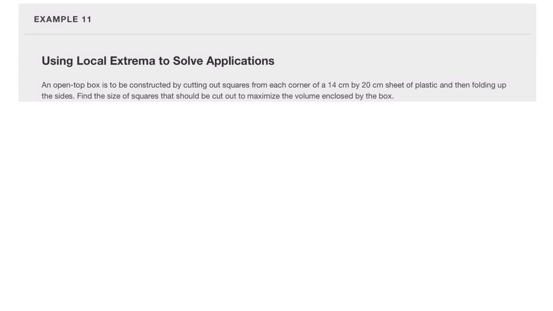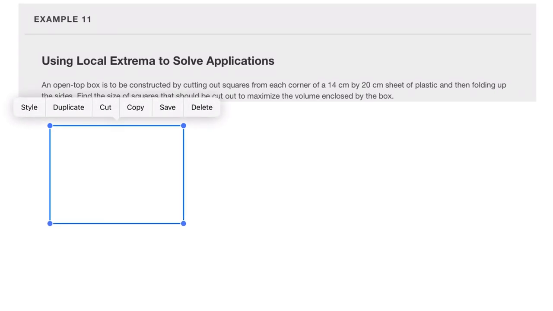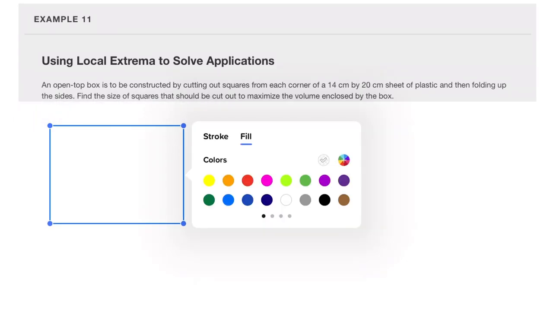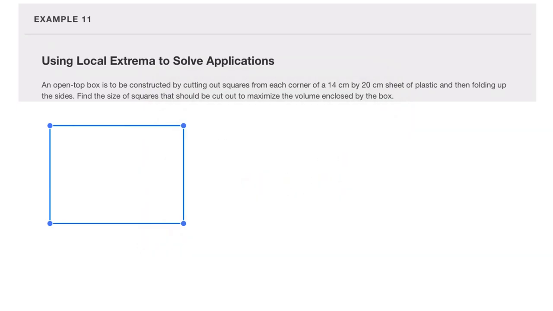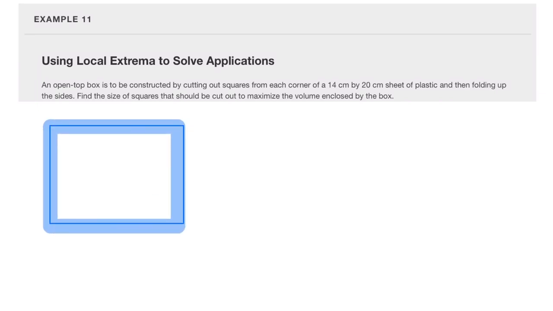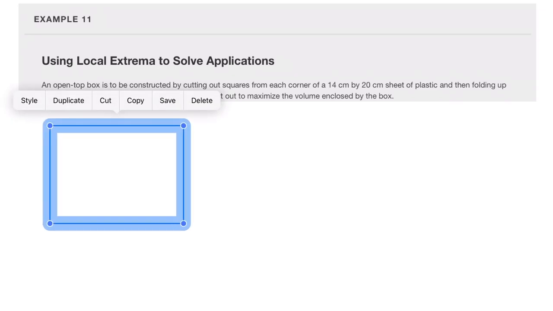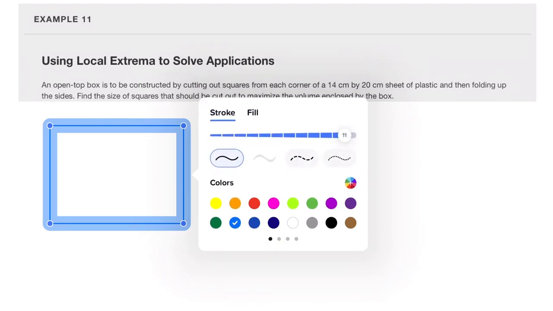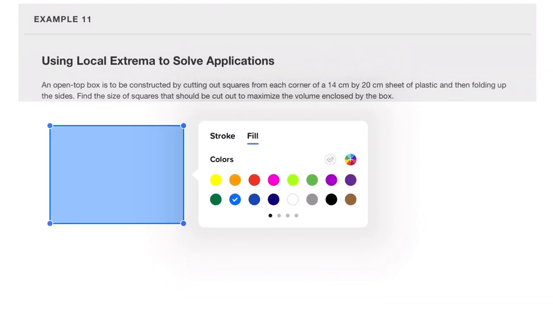We're going to let our plastic be blue. Something like this. Let's go style. We're going to fill, actually. Let's go style, stroke, like this, fill, like this. Can we make that more translucent?